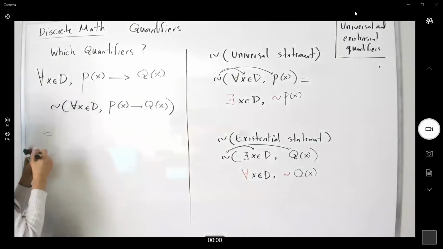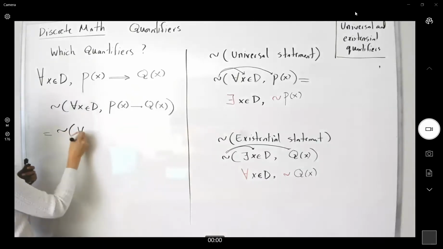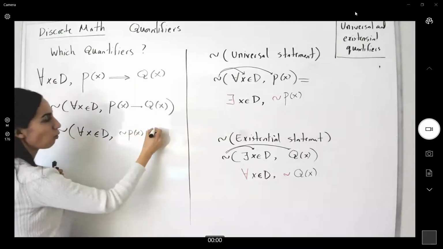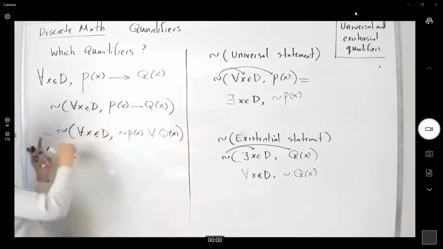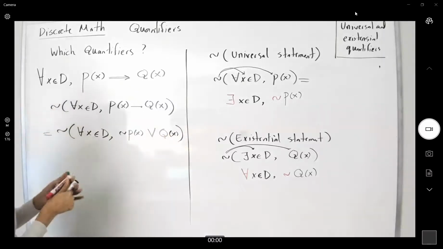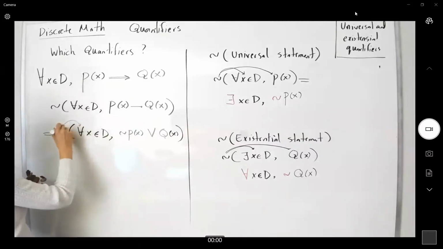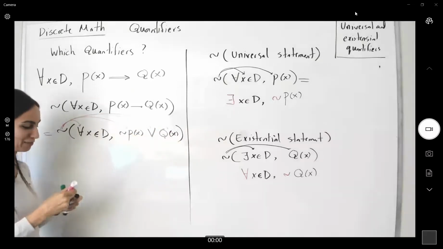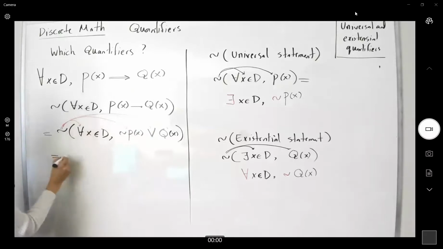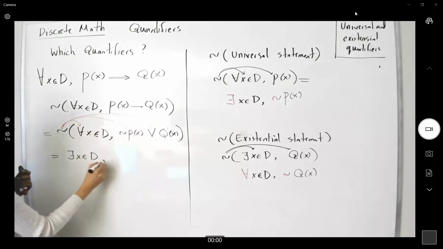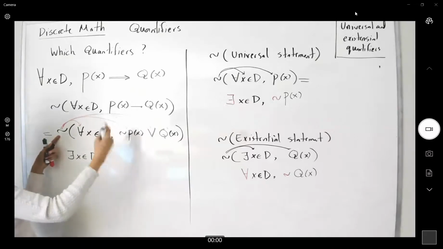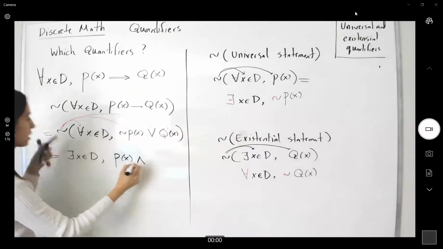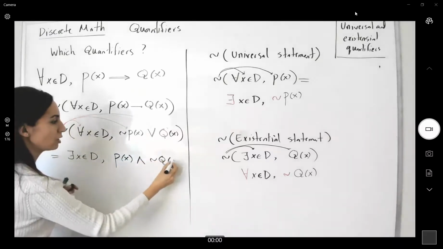So it's going to be the negation of parentheses for all x in D, not p(x) or q(x). Then we distribute the negation. The negation of for all, the negation of each of these elements here. So it's going to be, there is x in domain D such that double negation, it gives you p(x) back. The negation of or is going to be and the negation of q(x).